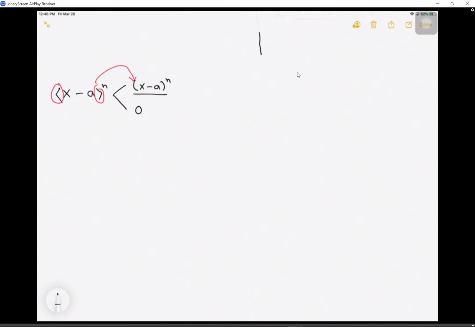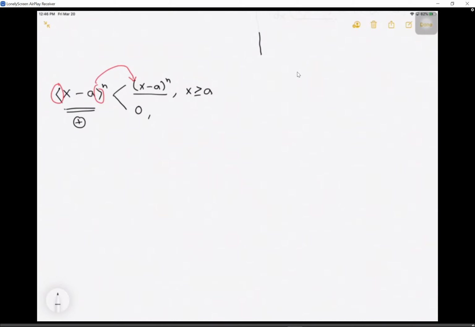Now you can assume the first value if x is greater than or equal to a. What do we mean by this condition? x is greater than or equal to a. That would mean that this value right here would be positive or 0. Now how about if we have a 0 value right here?